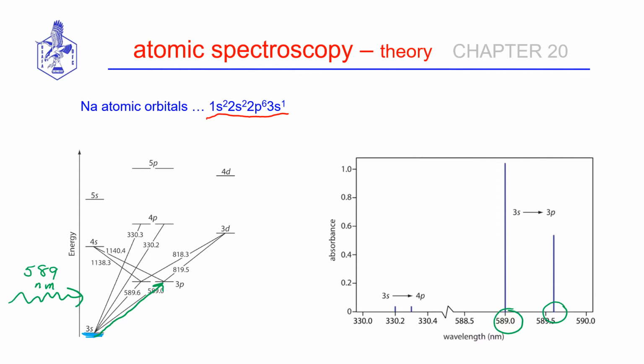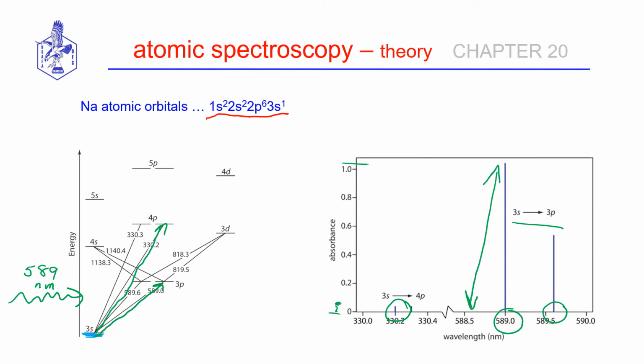You will notice that the magnitude of the absorbance for the 3s to 4p transition is small compared to that of the 3s to 3p transition, which is much bigger.